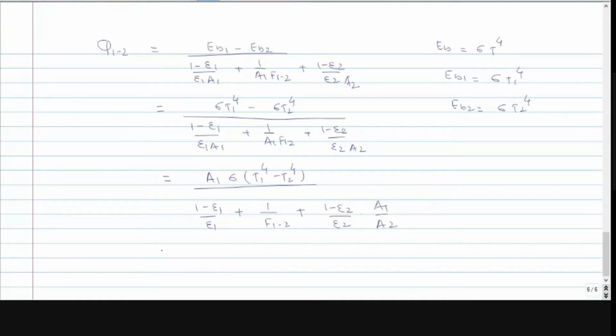So this is the expression, and we can write it as Q12 net equals F_G12 into A1 sigma (T1 to the power 4 minus T2 to the power 4). This is the expression for the net heat exchange between the two surfaces, and this F_G12 is known as the gray body factor.